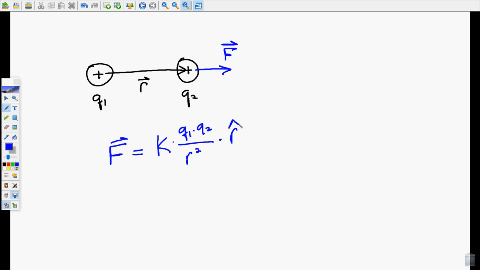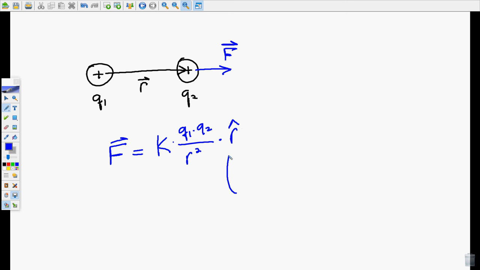Now notice though, if Q2 was negative, then it would be an attracting force, and the force would be to the left, so then it would come out negative times unit vector R, and it would be in the opposite direction. So this formula still works when one or both of the charges are negative.